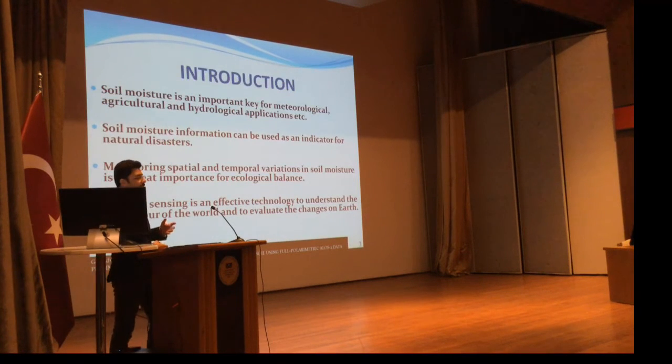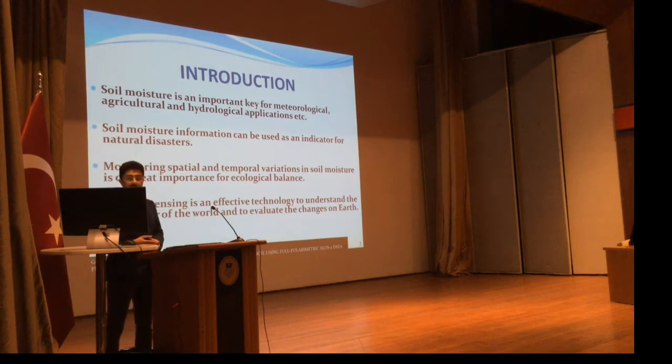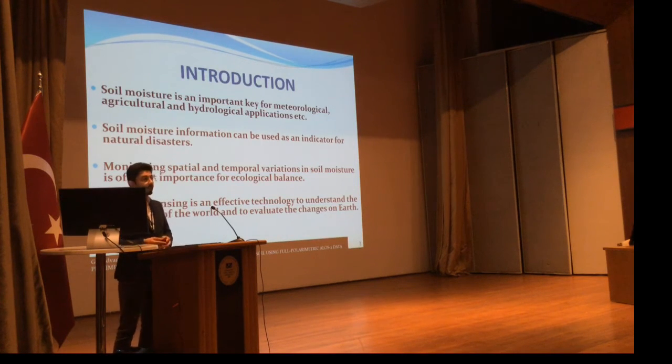Soil moisture is an important key parameter for meteorological, agricultural, and hydrological applications. Soil moisture information can also be used as an indicator for natural disasters such as flooding, dust storms, erosion, etc. Therefore, monitoring spatial and temporal variations in soil moisture is of great importance for ecological balance.